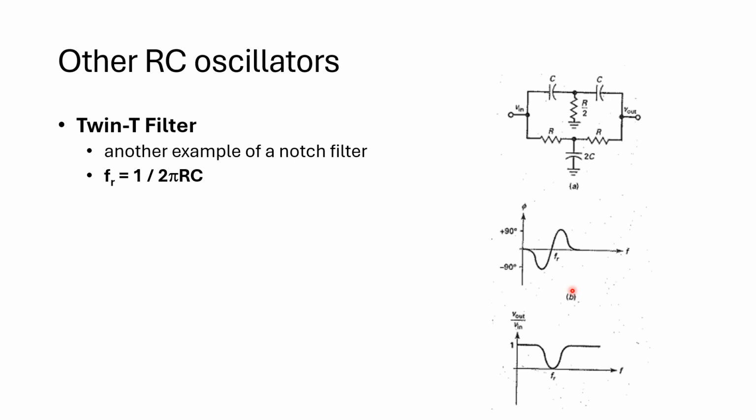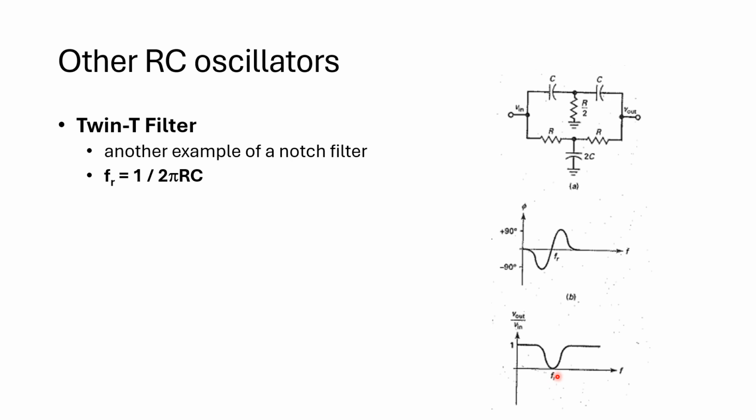As you can see, at lower frequencies and higher frequencies, we have a voltage gain equal to 1, but at the resonance frequency, our voltage gain drops to 0. It is called a notch filter because it notches out frequencies near your resonance frequency.